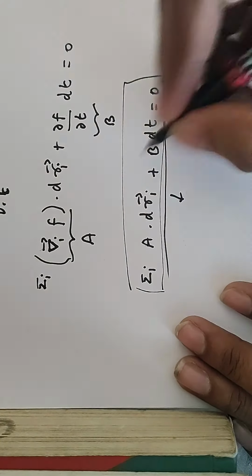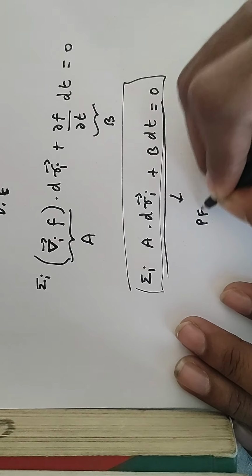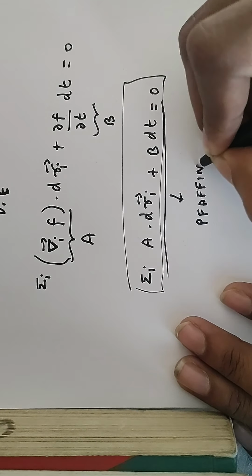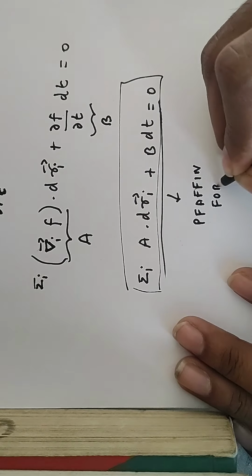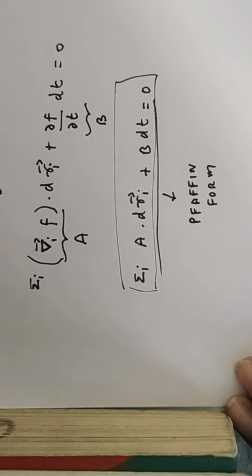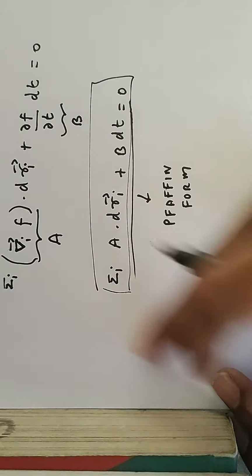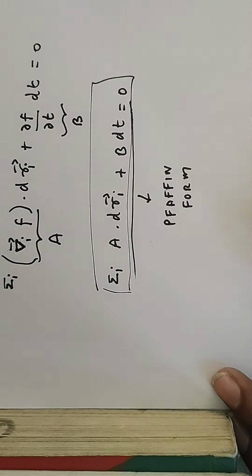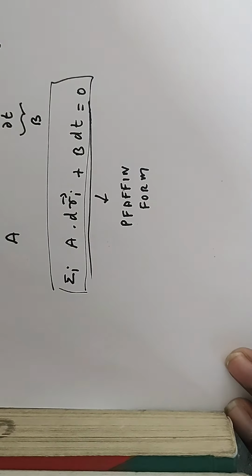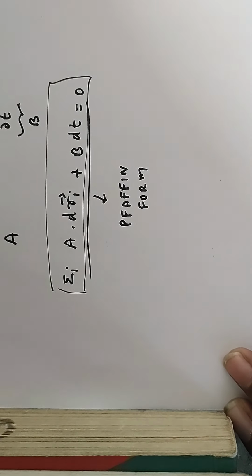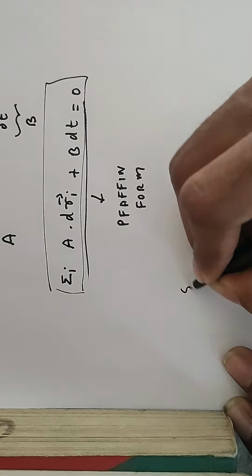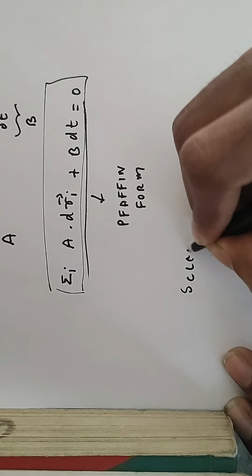It's worth noting that this particular form of constraint is called the Pfaffian form. With respect to this equation, let me say something about the scleronomous and the rheonomous constraints. So what happened in the scleronomous case?